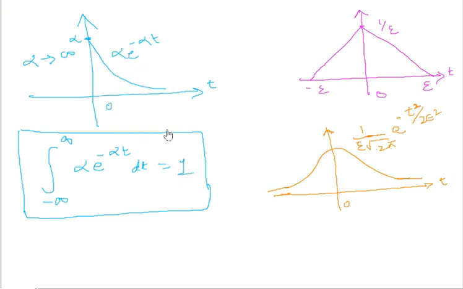We can check this, and for this triangular pulse the area is 1, so if epsilon tends to 0, this will be approximately a unit impulse signal. Similarly in this case, if epsilon tends to 0, then this Gaussian pulse will be approximated as a unit impulse signal.